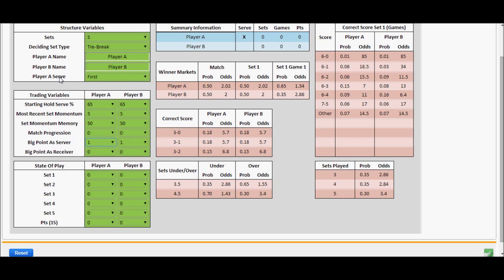So here player A is set to serve first. A good example of this is on break point. So if I go to 30-40 and I set all of these big pointer servers to 0, you'll see that the player is now only 35% to win his own service game.